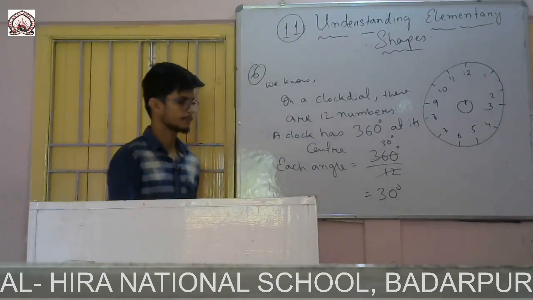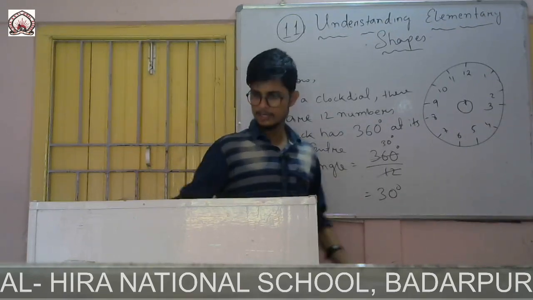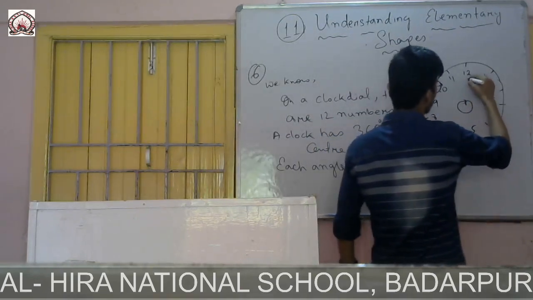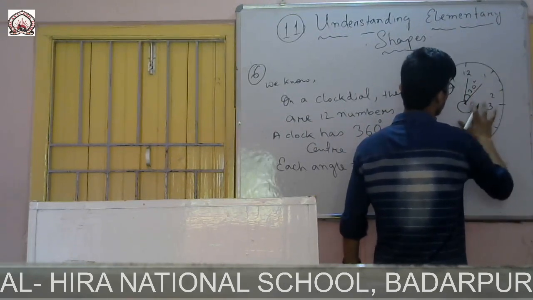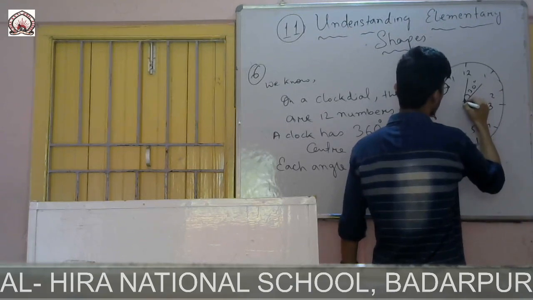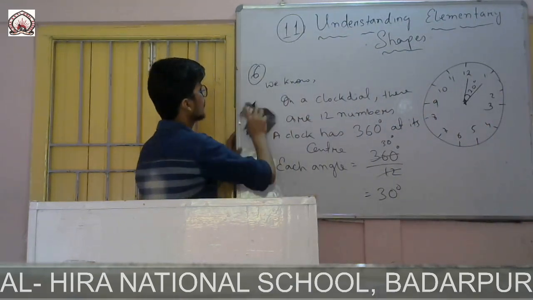Now we will find one by one. Each angle is equal to 30 degree. In between 12 and 1 it is 30 degree. Okay, now we will find one by one.